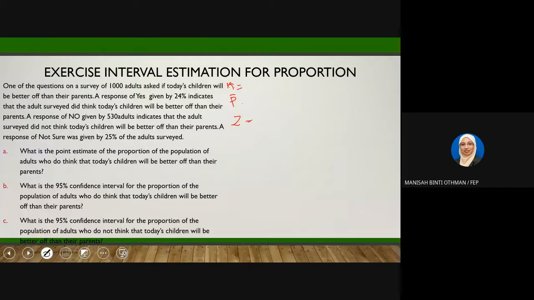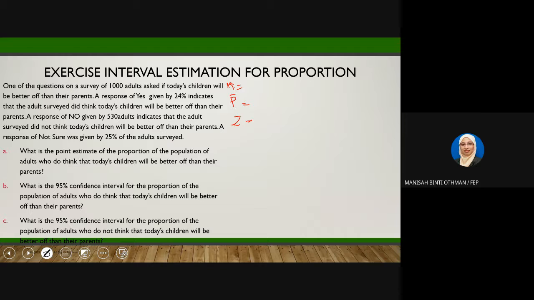In this case, we have 1000 adults and 3 different responses. One response is yes, that children will be better off than their parents: 24% respond yes. About 530 adults respond no, and about 25% respond not sure.